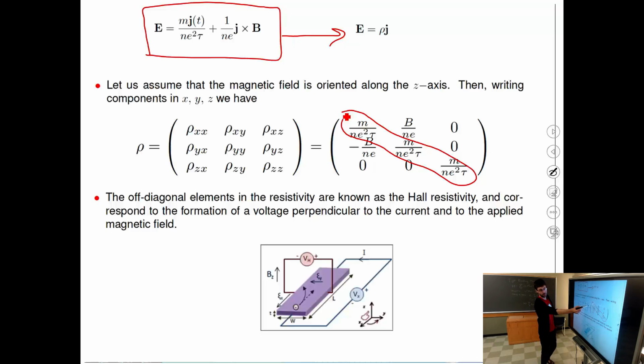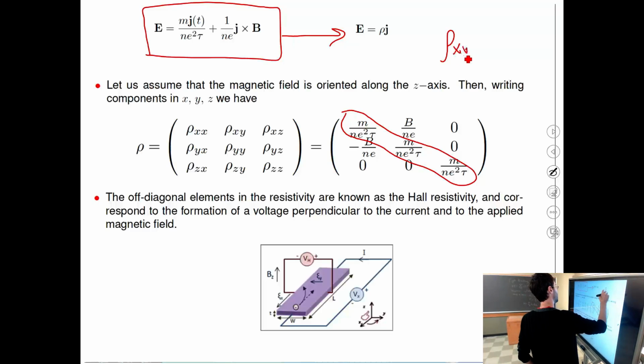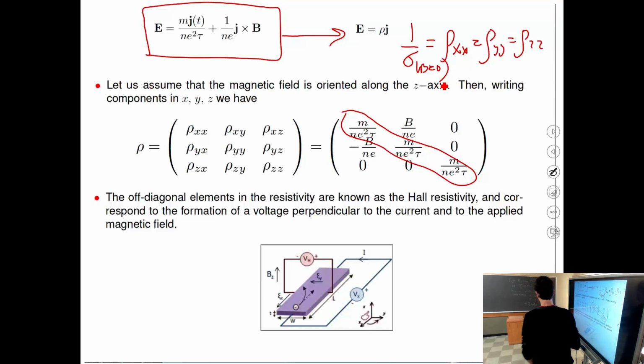This is the Drude formula, 1 divided by conductivity. So rho xx is equal to rho yy is equal to rho zz and is equal to 1 over sigma for B equal to 0. Magnetic field equal to 0.